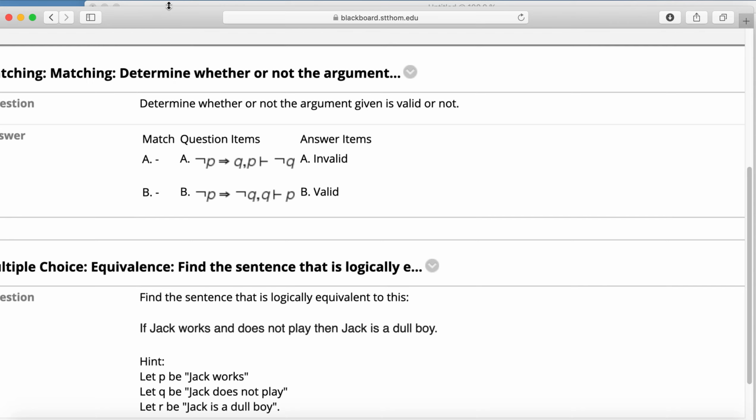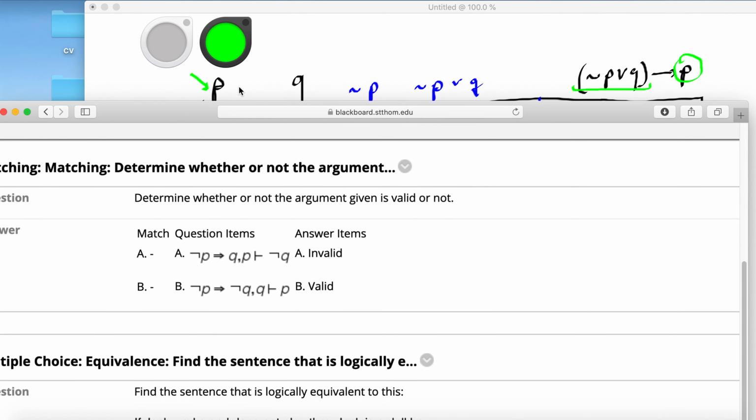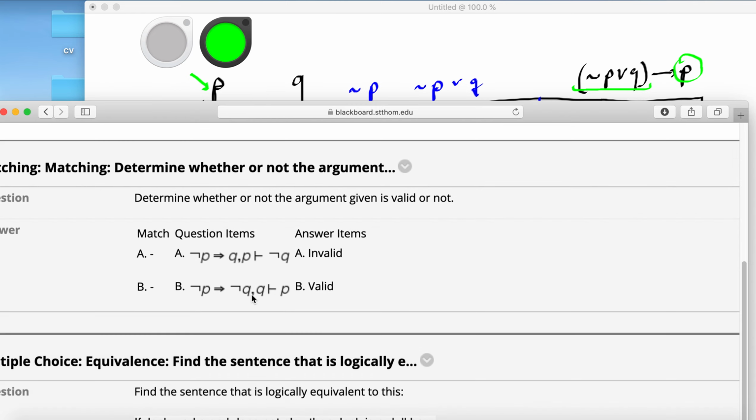Okay, so not P implies not Q is equivalent to Q implies P, right? This is Q implies P. And because Q implies P, and you have Q, then you can get P.